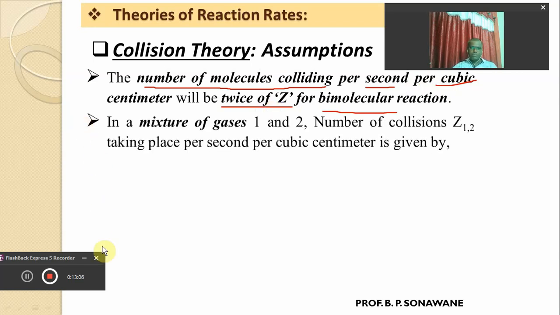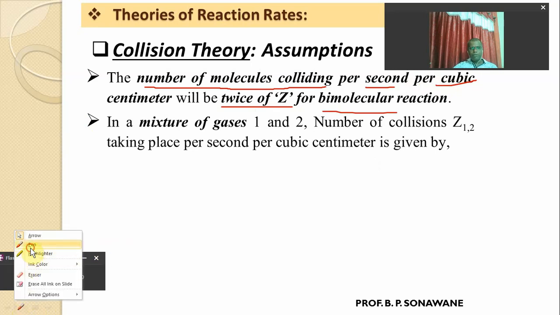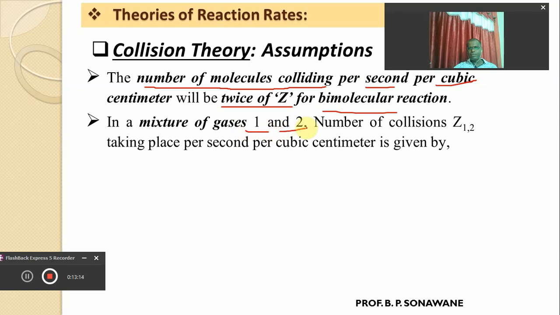And suppose instead of a pure gas, we have a mixture of gases in which two gases are present, gas 1 and gas 2.